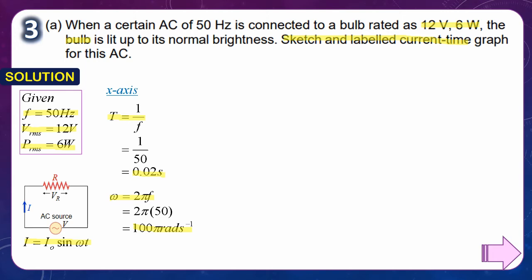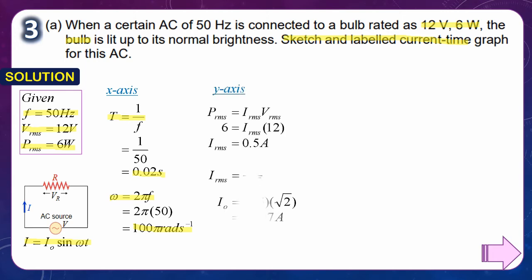For the Y component, we are supposed to have the value for I naught or peak current. To get I naught, first from the information given, we can calculate the IRMS from the equation PRMS equal to IRMS VRMS. We just substitute the values and our IRMS is 0.5 ampere.